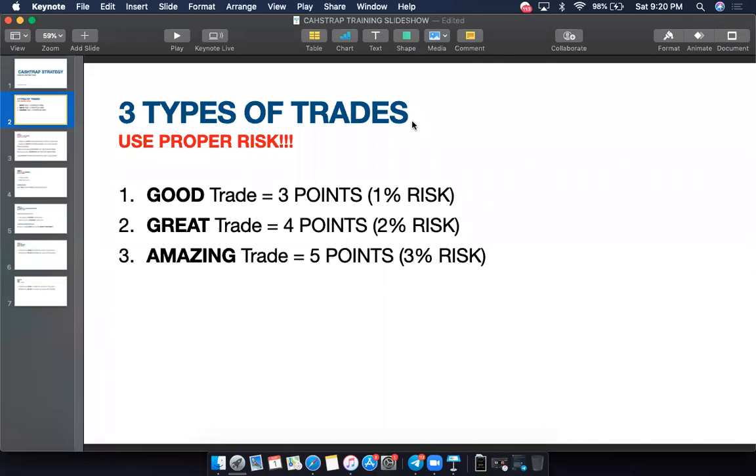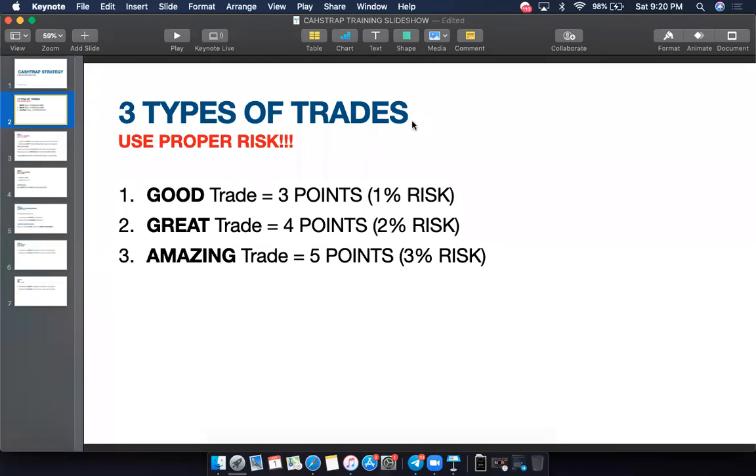What I like to do is set up different risks depending on the trade. If I happen to take a 3-point trade, it's just a good trade, so I'm only going to risk 1% of my account. If you find yourself with a great trade, about 4 points, risk about 2% of your account.